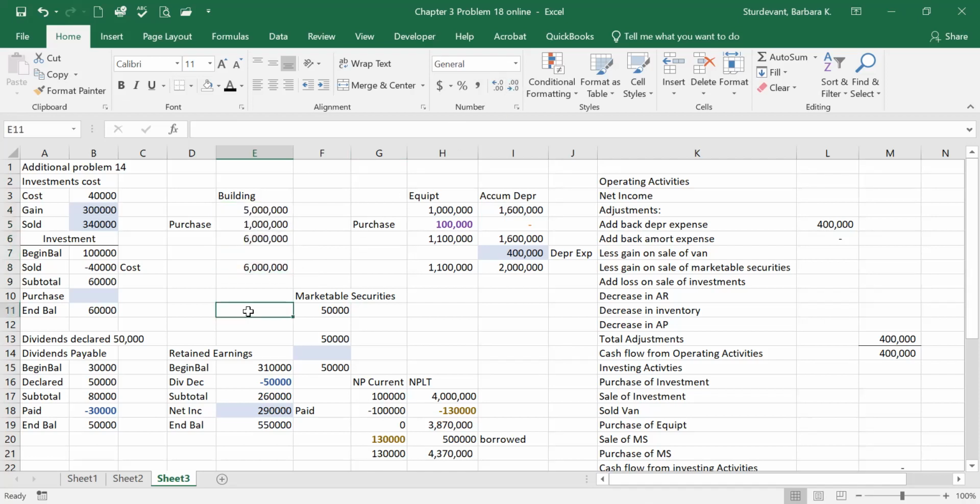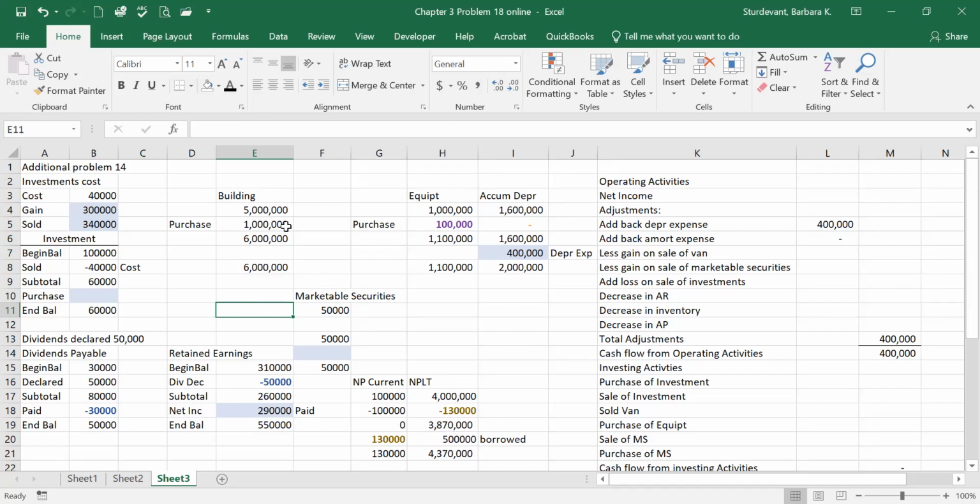Okay, but there's a but with your purchase. That long-term debt was borrowed to partially finance the building purchase. So this building purchase of $1 million was partially financed by this down here.